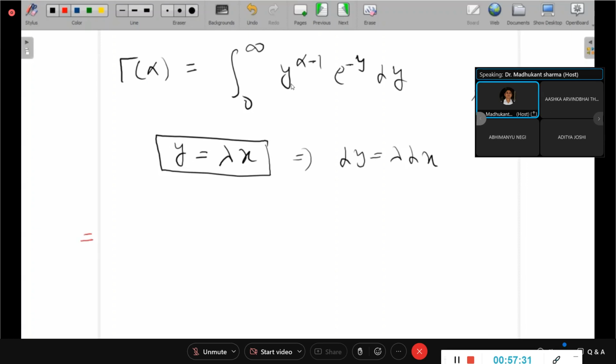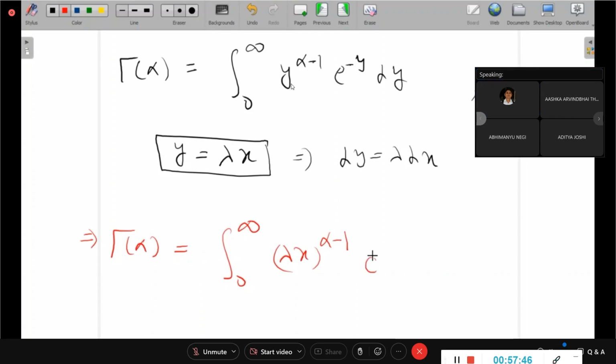Okay, so this will imply gamma alpha is equal to the integration from 0 to infinity of lambda x to the power alpha minus 1 e to the power minus lambda x, and dy is now lambda dx.